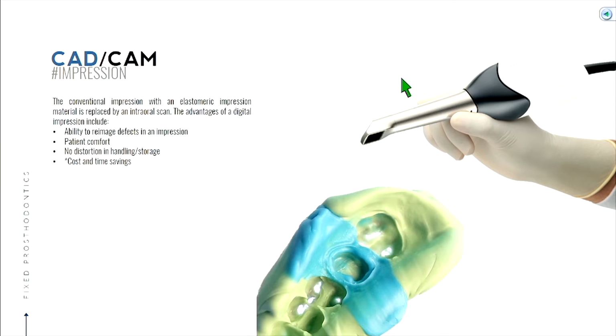Distortion. So with PVS, you get minor dimensional change, where your scanning technologies now are just as accurate as our conventional PVS methods. So there's no real loss in accuracy of a digital scan. And then cost and time savings, I put a star in there because there's still a learning curve in using this digital scanner.